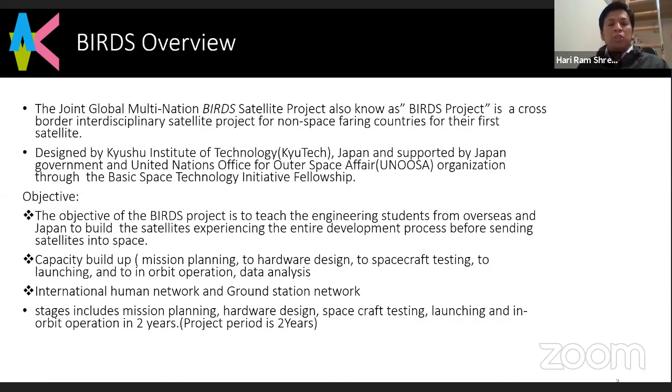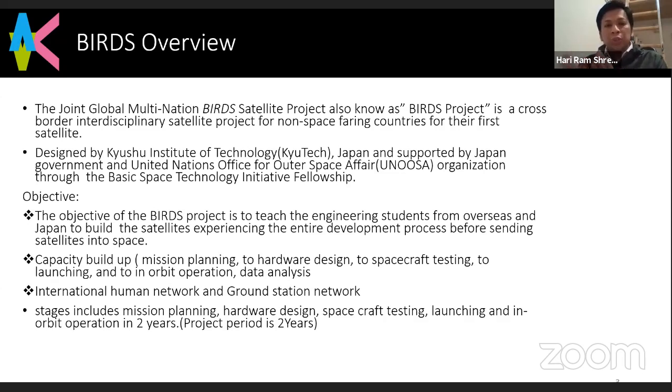I am also a member of the NepalSat-1 team, Nepal's first team, here under the program at KyuTech. The main objective of the BIRDS project is to teach engineering students from overseas nations, so they build their satellite and gain experience of the entire development process before sending the satellite into space. That is what we are doing here now.